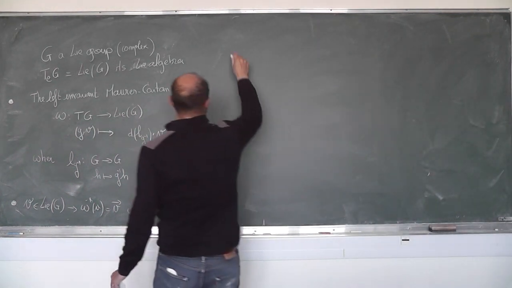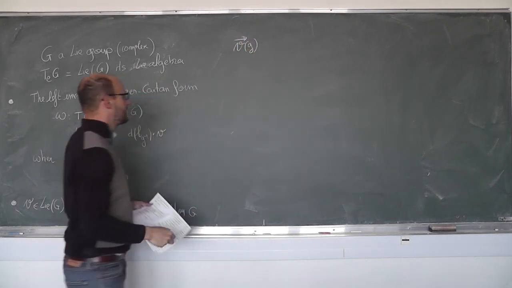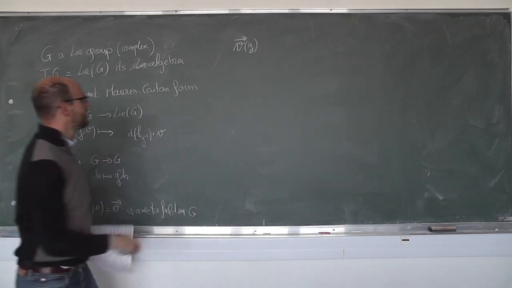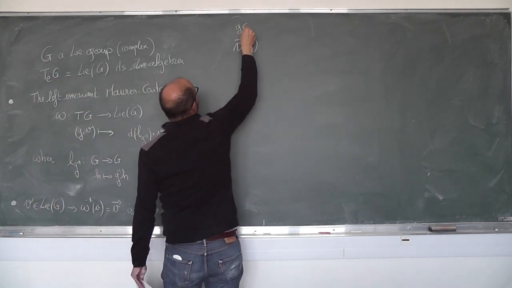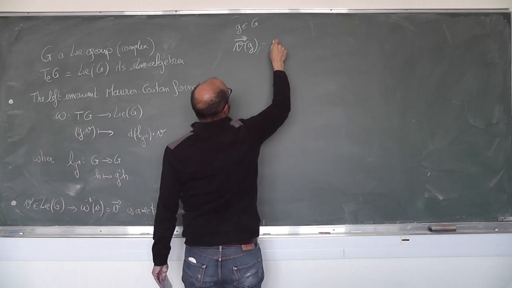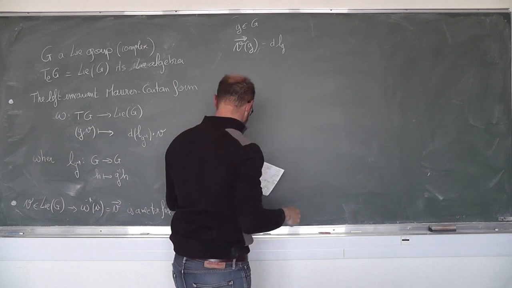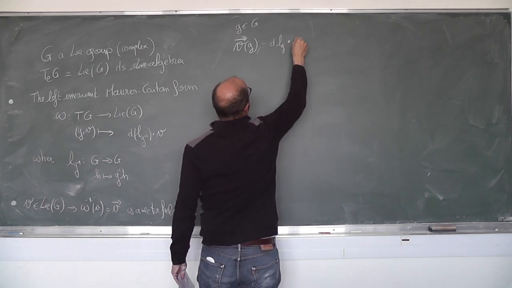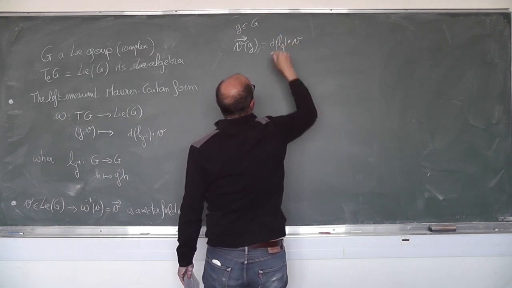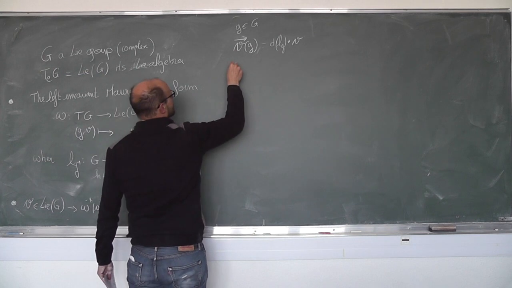Okay, and you can compute this vector field in g, for g a small point in the group. It is just the translation by g, maybe, of your v. The left translation here. So you see that it is left invariant.